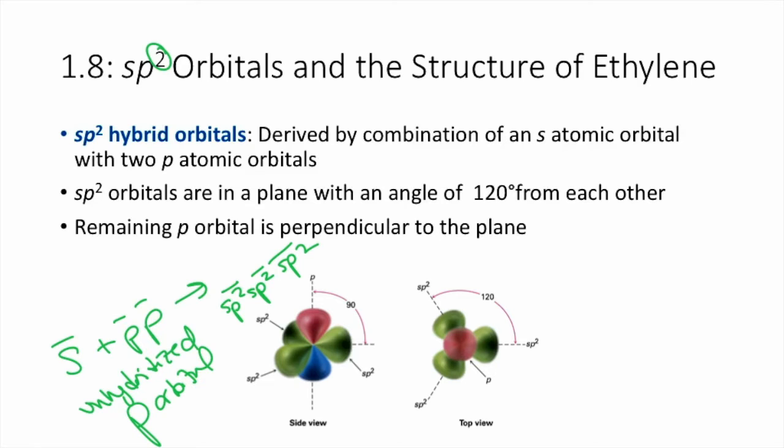So the sp2 orbitals are going to all be in the same plane at an angle of 120 degrees away from each other. So in green, the lobes in green, these represent the sp2 orbitals. They're 120 degrees apart. Then perpendicular to that, you have the remaining unhybridized p orbital.